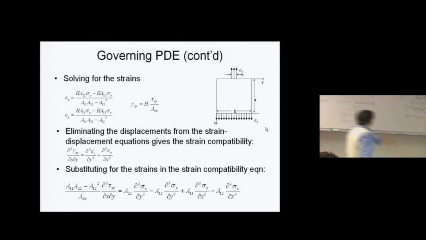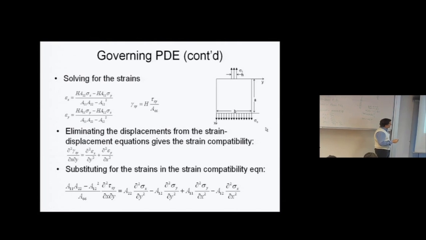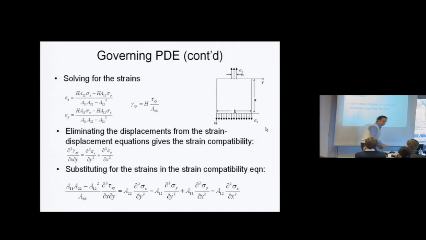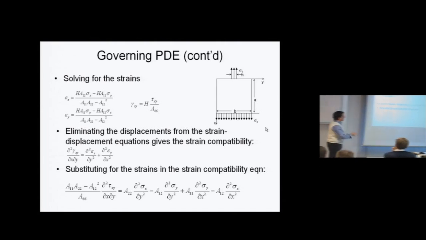When I eliminate u and v from these 3 equations, I arrive at the classical compatibility equation that only involves the strains. But I know the strains calculated here, so I can substitute into this equation for those strains to get this, which now involves the stresses. And now I have the equilibrium equations that I just showed you at the bottom here, 2 equations.